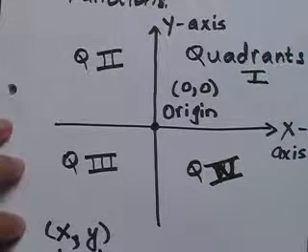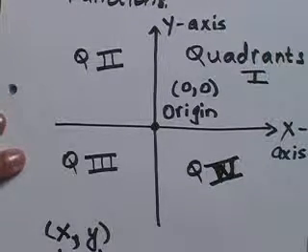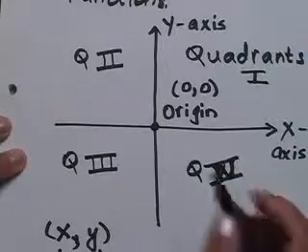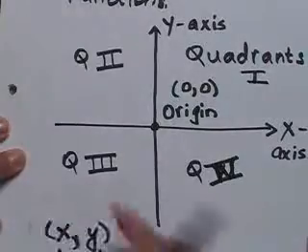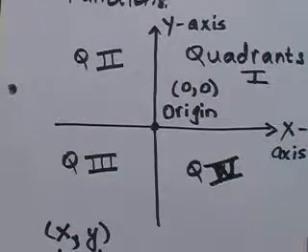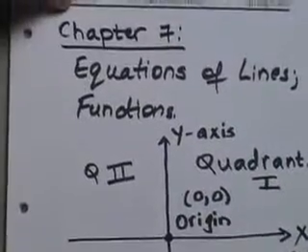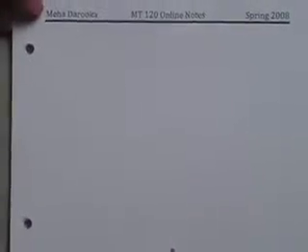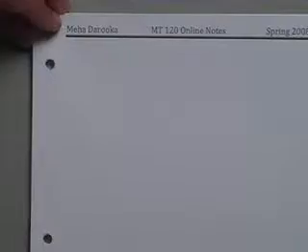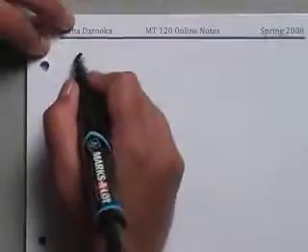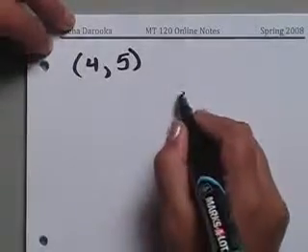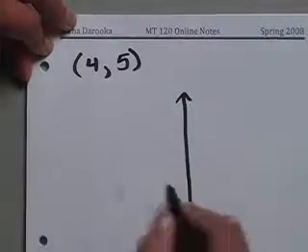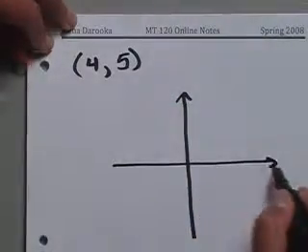Now, of course, when you're trying to plot points on a Cartesian coordinate system, you always look for the x value and the y value, and you go ahead and plot those points. So let's look at some basic plotting here. Let's say we are trying to plot the point 4, 5. You have your x and y axis.